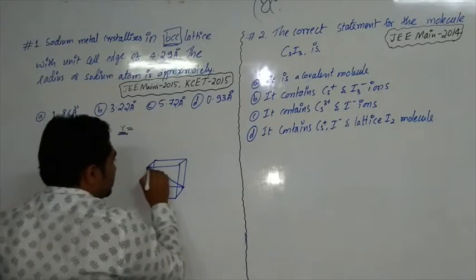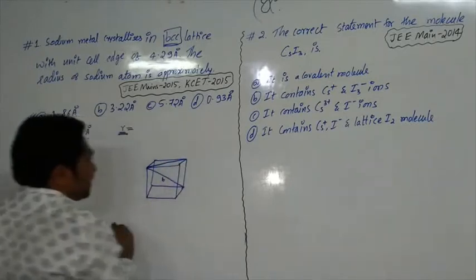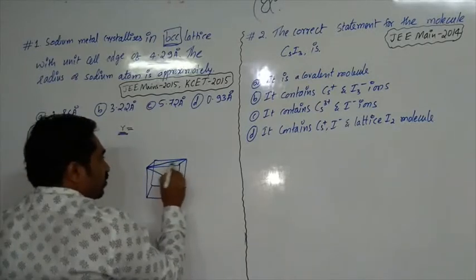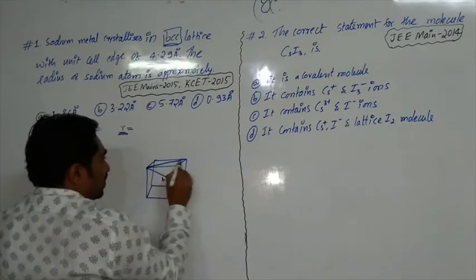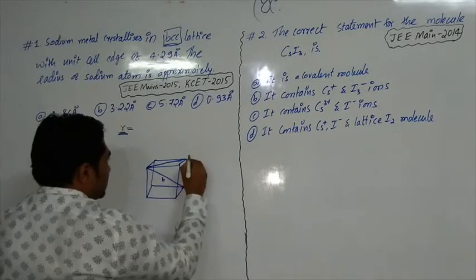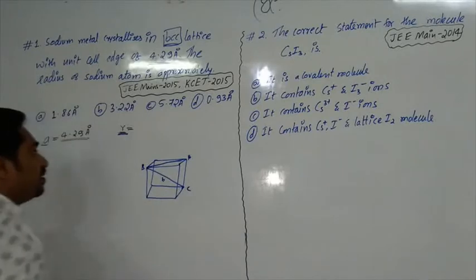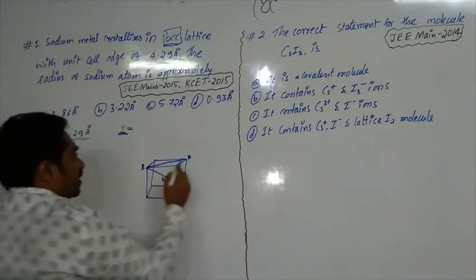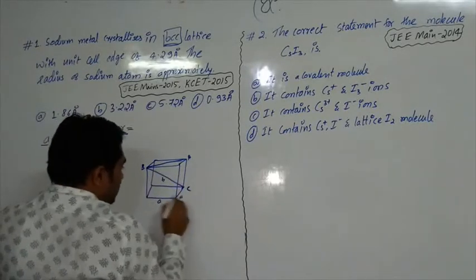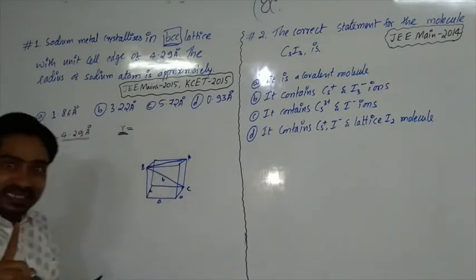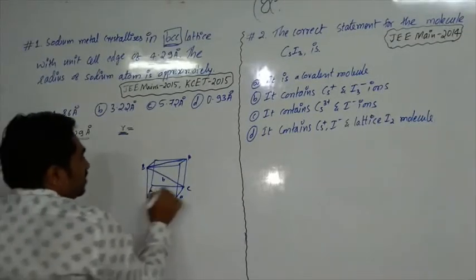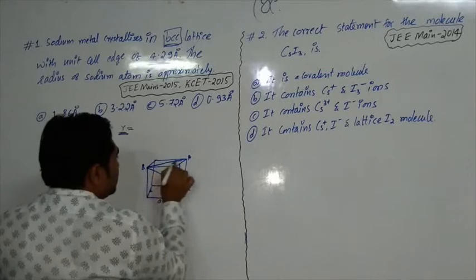How to calculate this? So let us take, this is our face diagonal. Let us take this as A, B, C. Here the edge length is A, meaning the length of all the sides is A, and using this we have to calculate the length of this.